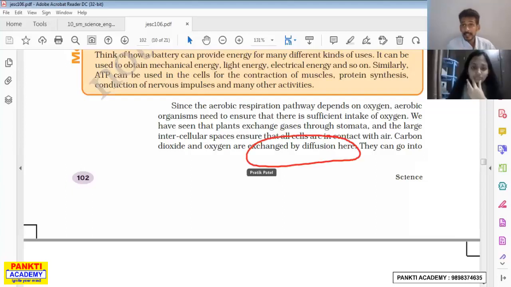So in a plant, other than the leaf, like the stem and the root, are directly connected with what? Air. So using diffusion, they take in oxygen and release CO2.